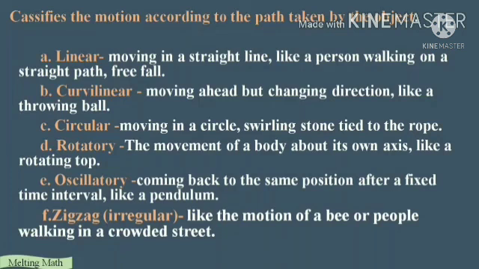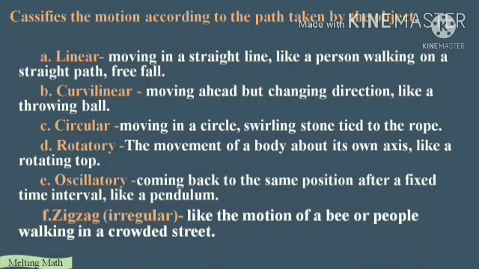Linear motion, example of walking on a straight path, free fall. Next one, curvilinear motion, moving ahead but changing direction, like a thrown ball. Next one, circular motion, example of a stone tied to a rope.